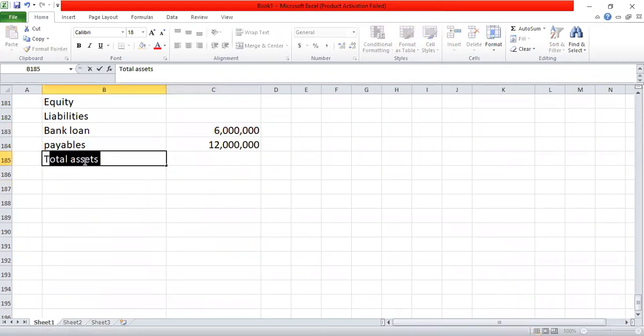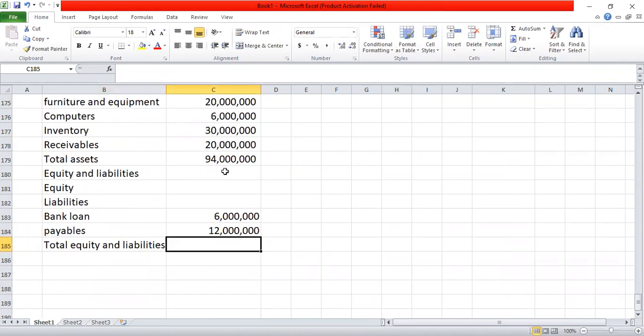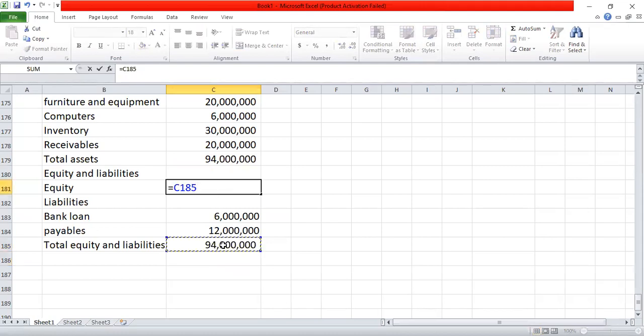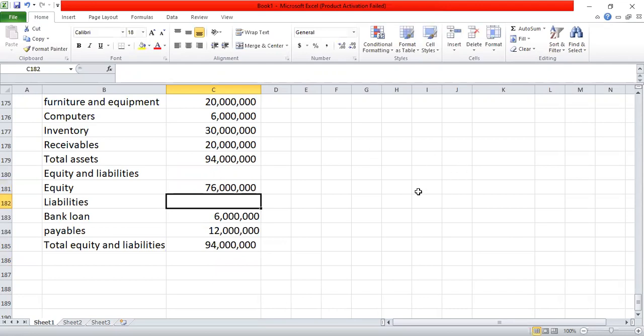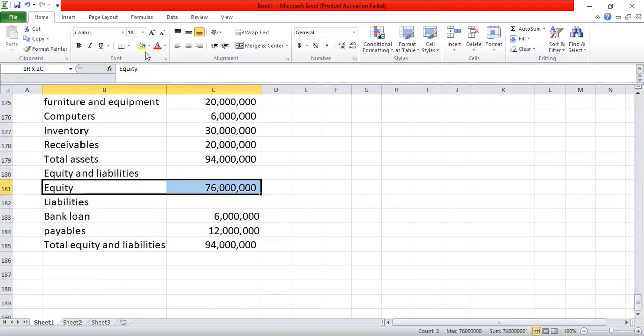So my total equity and liabilities will be this 94. So my equity will be this minus this one. It is 76. This is the component of equity.